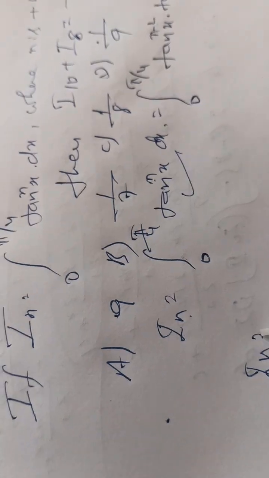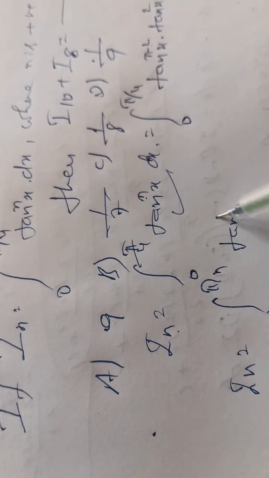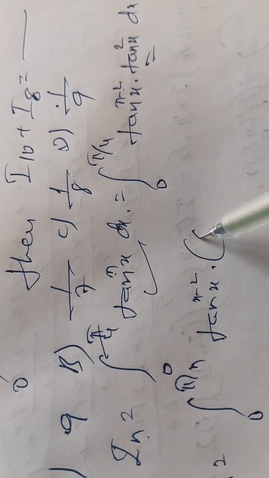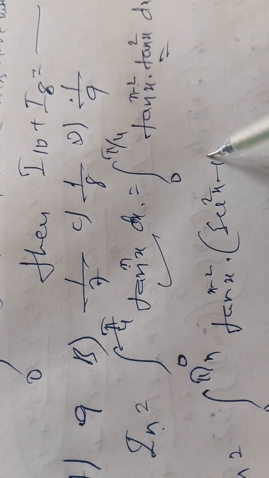According to the law of indices, minus 2 plus 2 cancel, we get the same result. In is equal to integral from 0 to pi by 4 of tan to the power of n minus 2 x into the identity formula of tan square x, secant square x minus 1, dx.